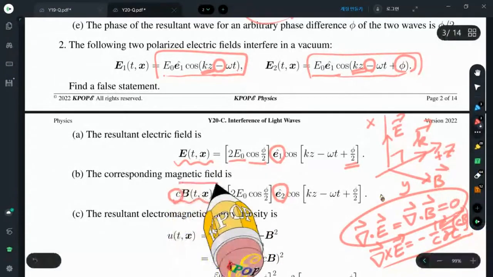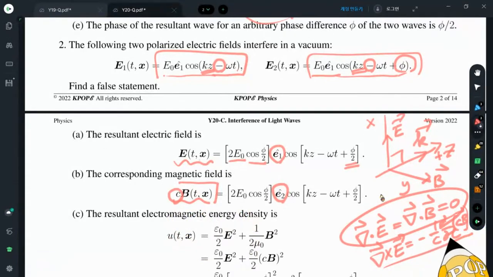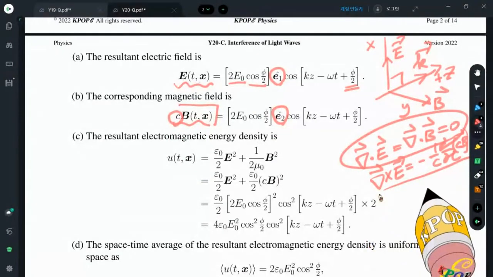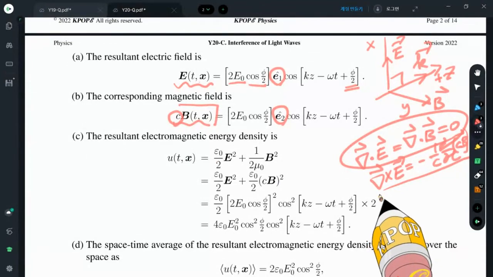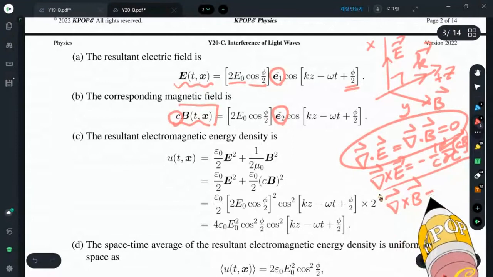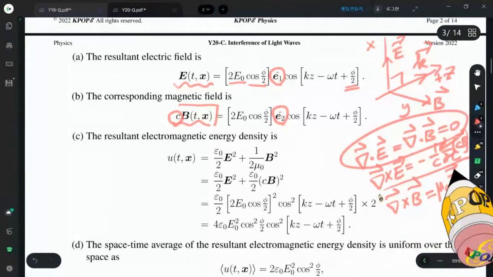So the magnetic field is completely determined from this, or it is equivalent to use Maxwell's law of displacement current.